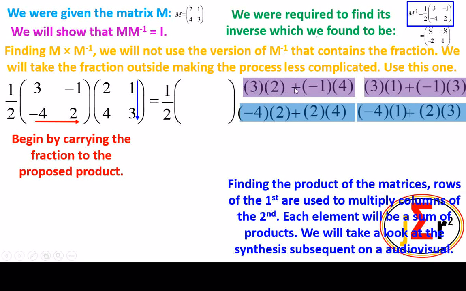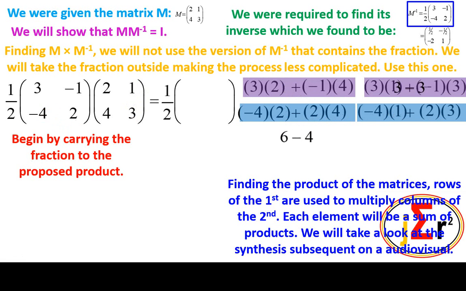6, negative times positive, negative 4. 6 minus 4. 3, of course, minus 3. Negative 8 plus 8. Negative 4 plus 6.